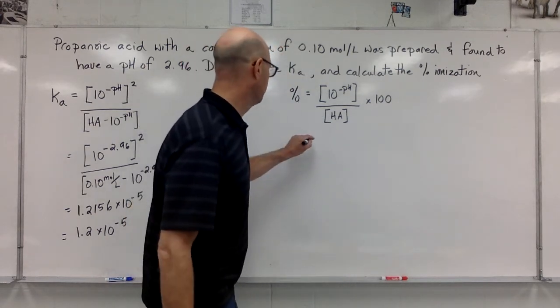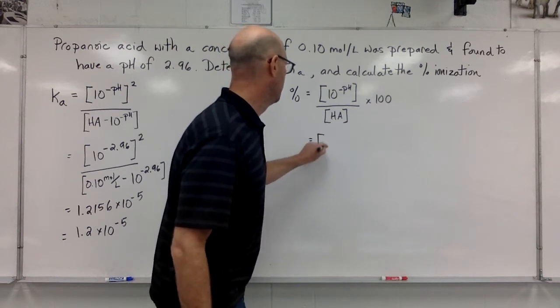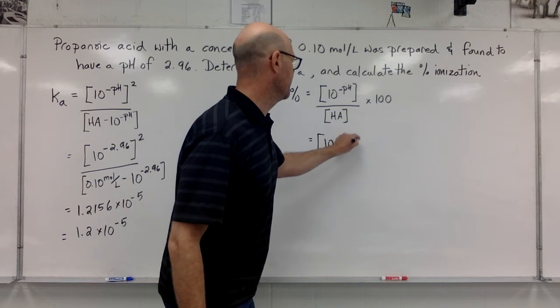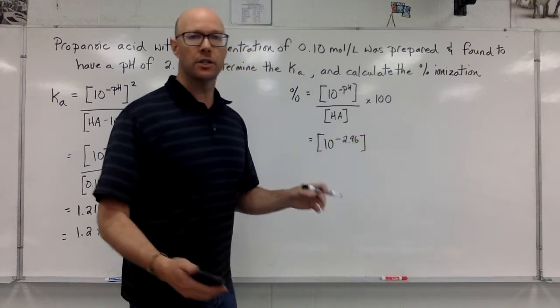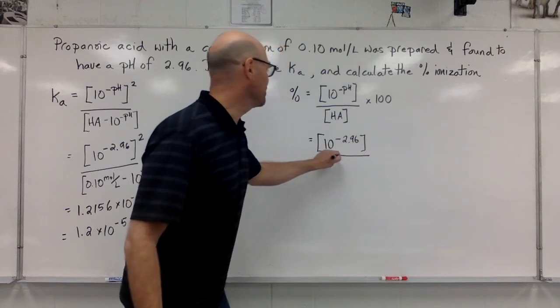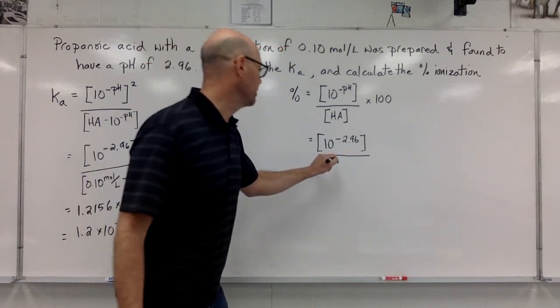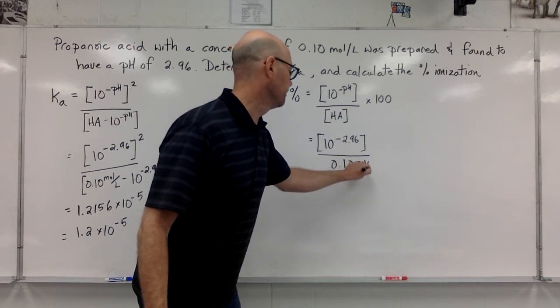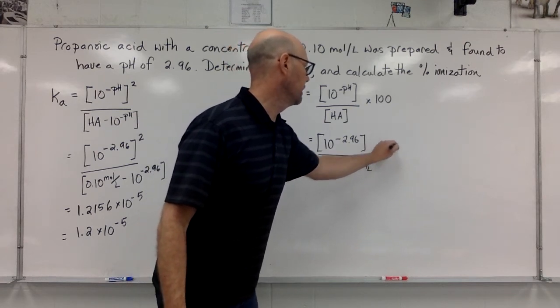So we move ahead. We have 10 to the power of negative 2.96, 10 to the power of the negative pH, over the initial concentration of the acid here was 0.10 moles per liter. I'm going to multiply by 100.